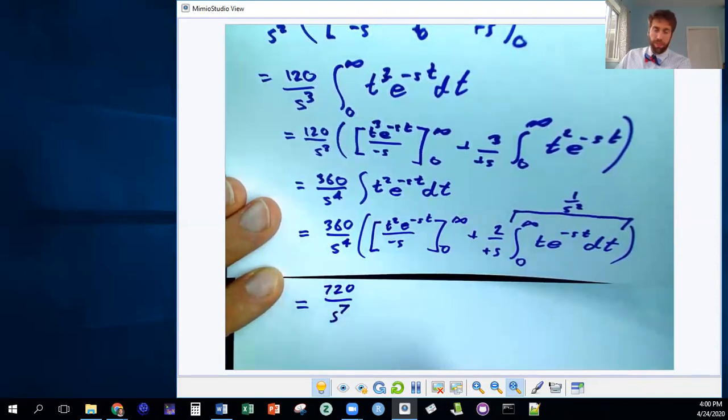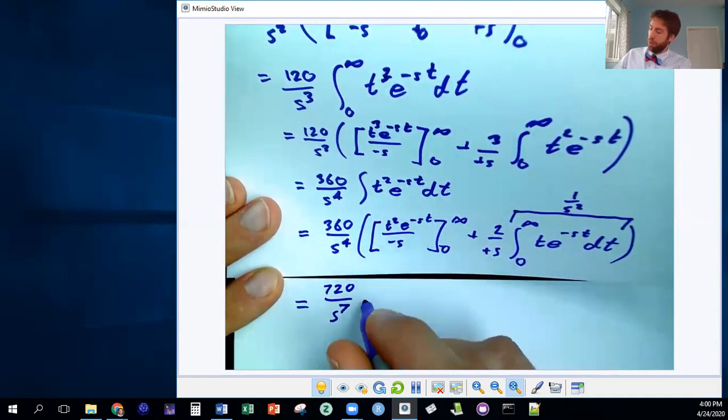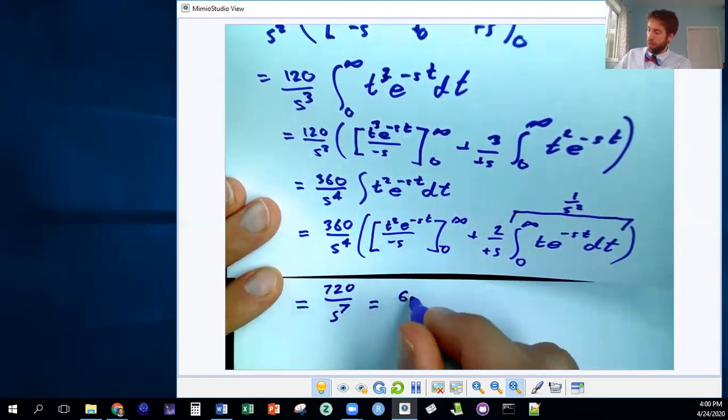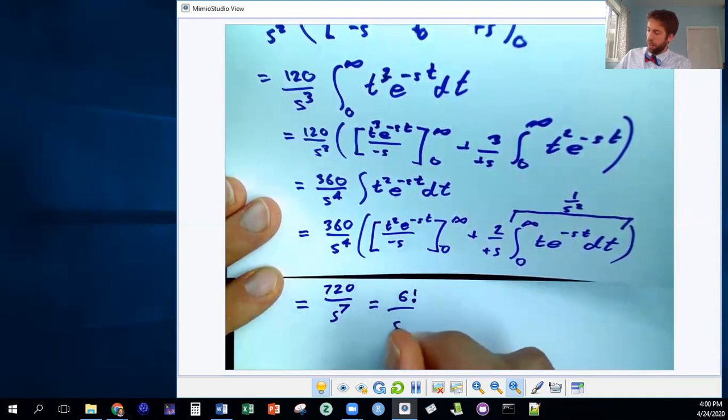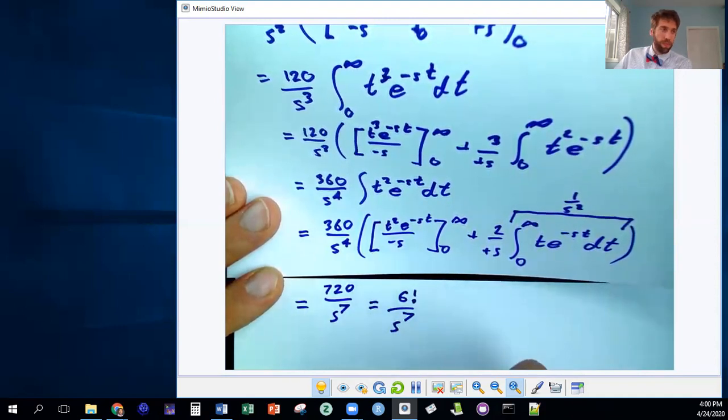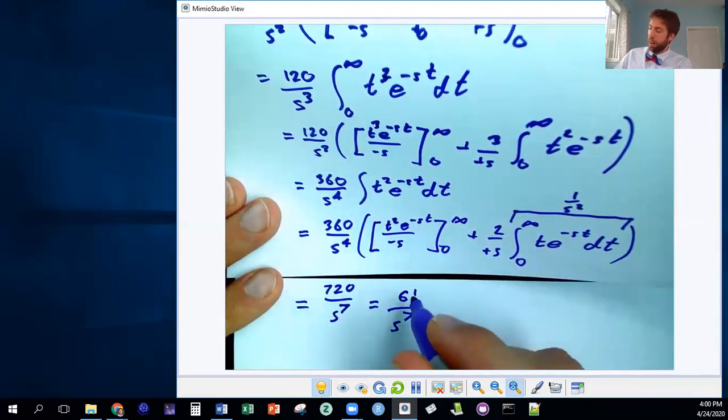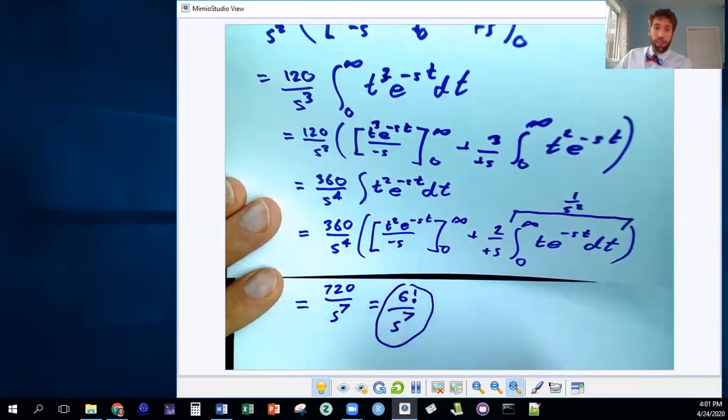All right. And there's a better way to write 720. You can also write that as 6 factorial over s to the seventh. Okay. So that is our answer. That's the Laplace transform.